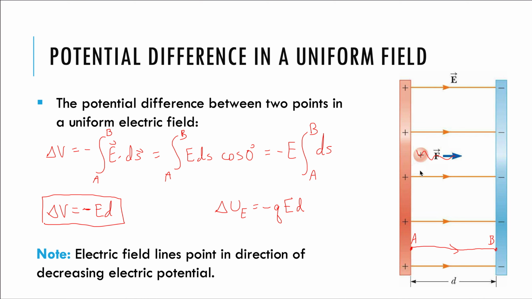The electric field always points from a high potential to a low potential, and so that's why when we draw these plates, we'll usually draw positive plates for the higher potential and a negative plate for the lower potential. And they could both be positive, it doesn't matter, as long as VA, in this case, is greater than the potential at VB, at B.